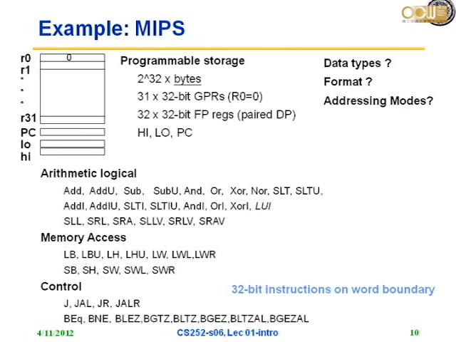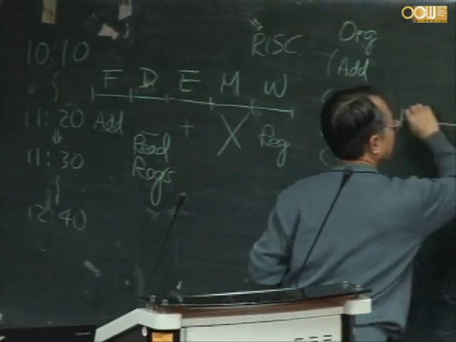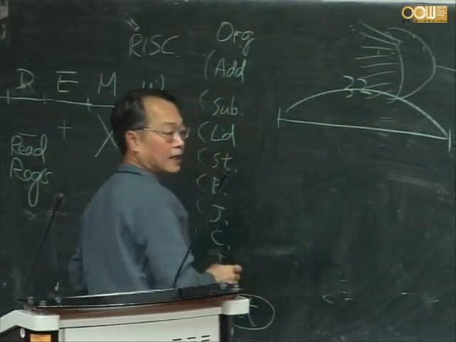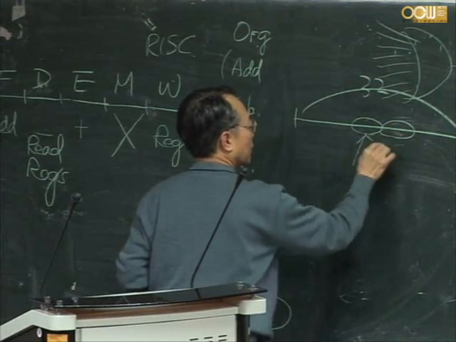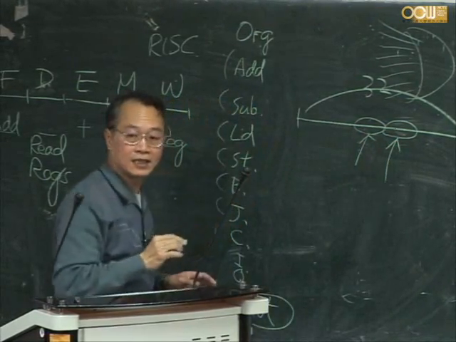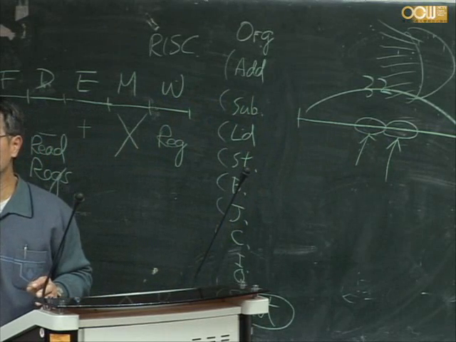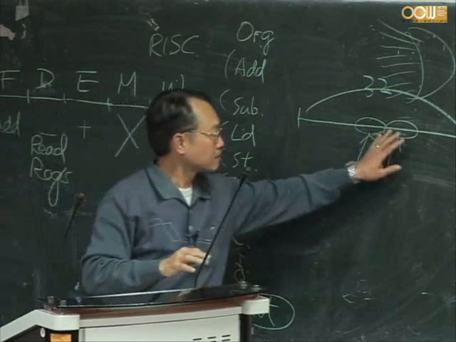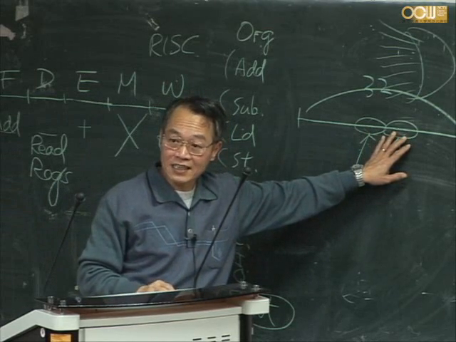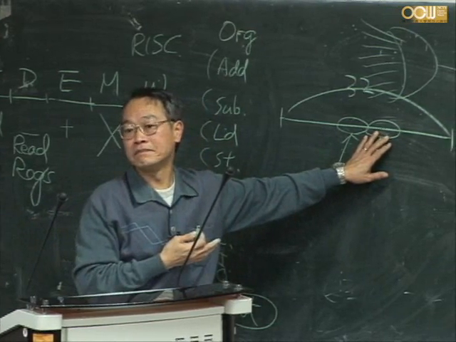Why is that? Because my instructions are all of fixed length, say 32 bits. And my source 1 and source 2 fields are always fixed here and here. So whatever I read from here, if you need them later, I got them.